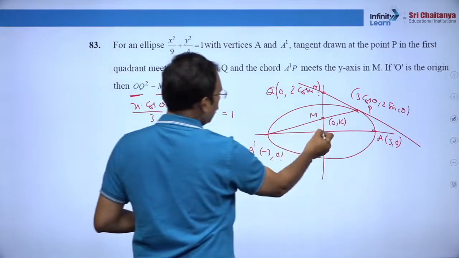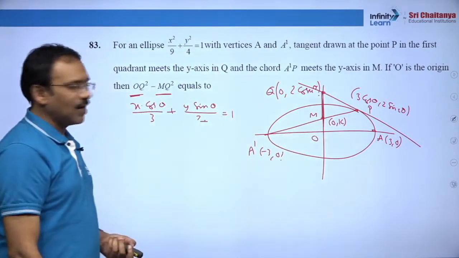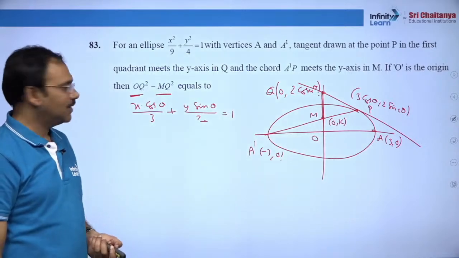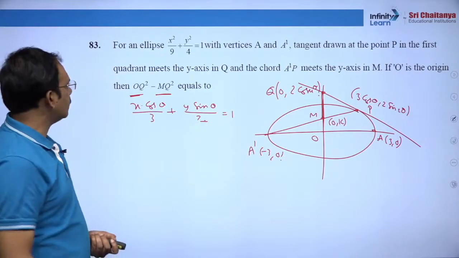This is going to be Q, right? You can just find OQ square minus MQ square, you will get the answer for this, dear students, right? Simple calculation based, you will get the answer to be 4.